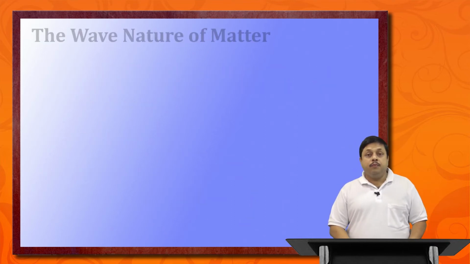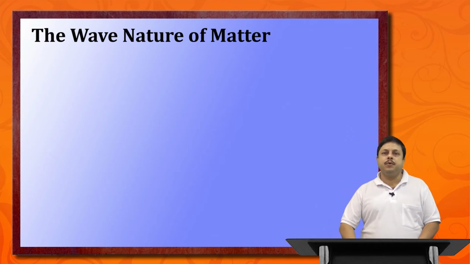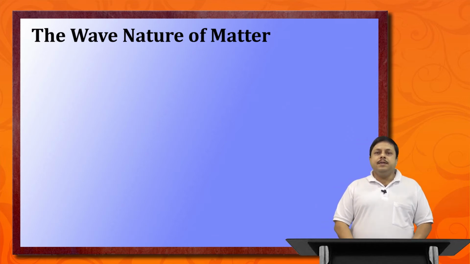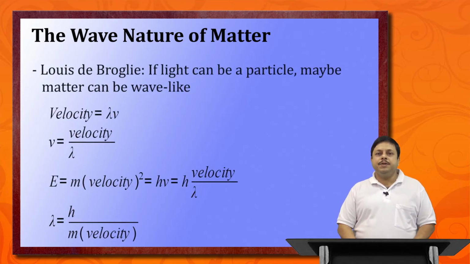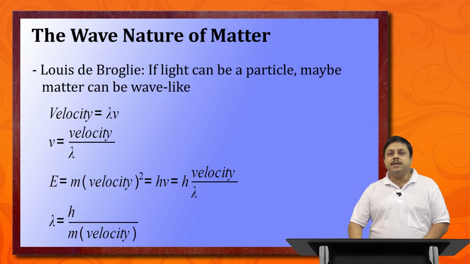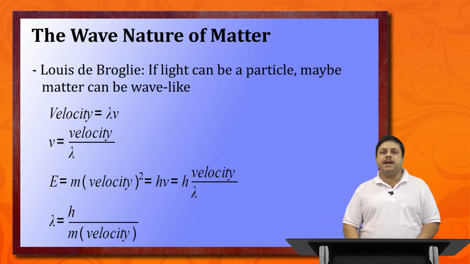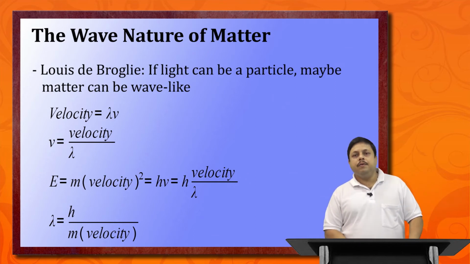Now, once these developments were taking place, of those three mysteries that we were talking about, another person by the name of Louis de Broglie came up with the idea that matter can have waves, or that the properties of matter can be wave-like.